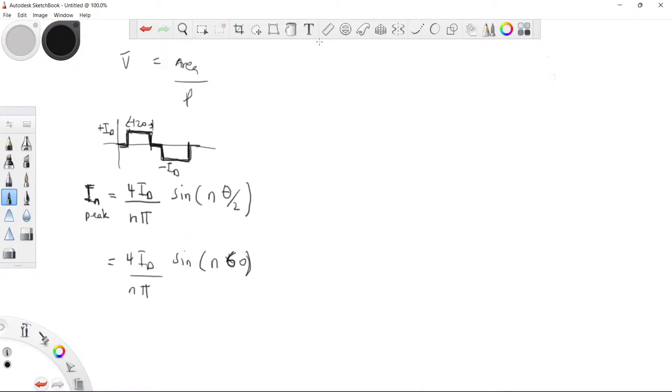Now, we said that the distortion factor here is I1 RMS over I total RMS of all the harmonics. So let's find I1 RMS from this formula. I1 RMS is given by 4ID over n pi with n equal to 1, but this is peak, so divide by root 2, times sine 60.